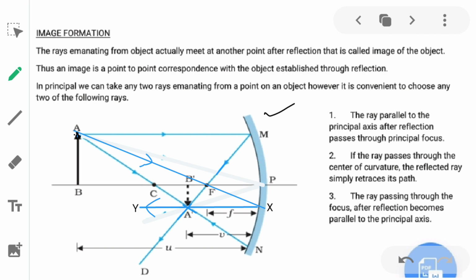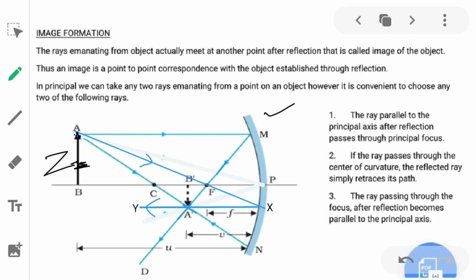This is established through the reflection. For example, if you take any intermediate point Z on the object, then all the rays getting emitted from point Z will be incident on the mirror. After reflection, wherever those reflected rays meet, that forms the image of the point Z.